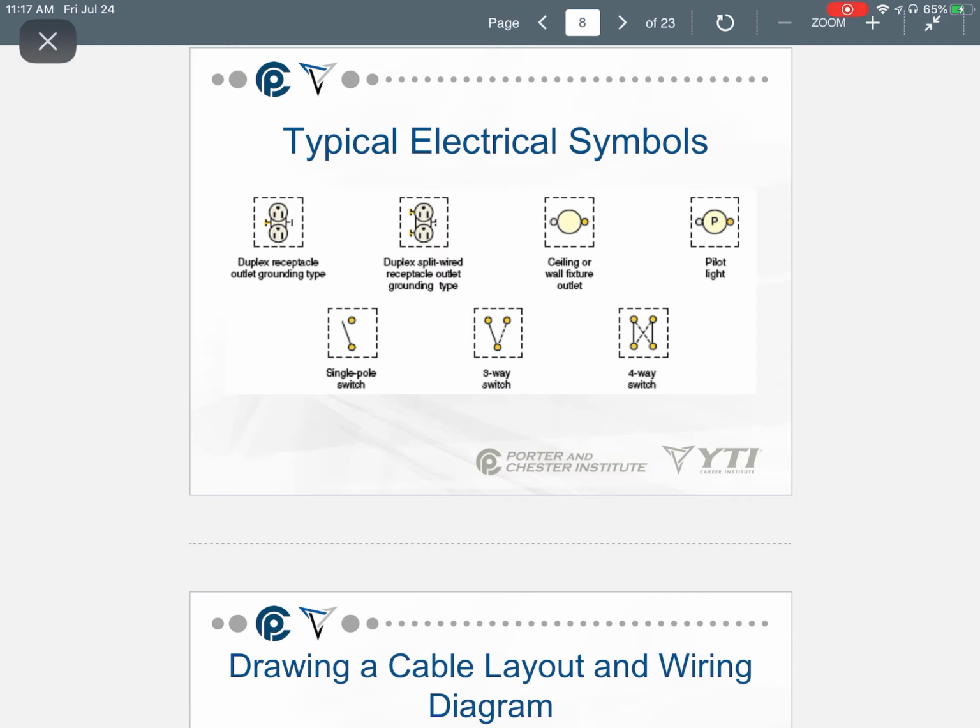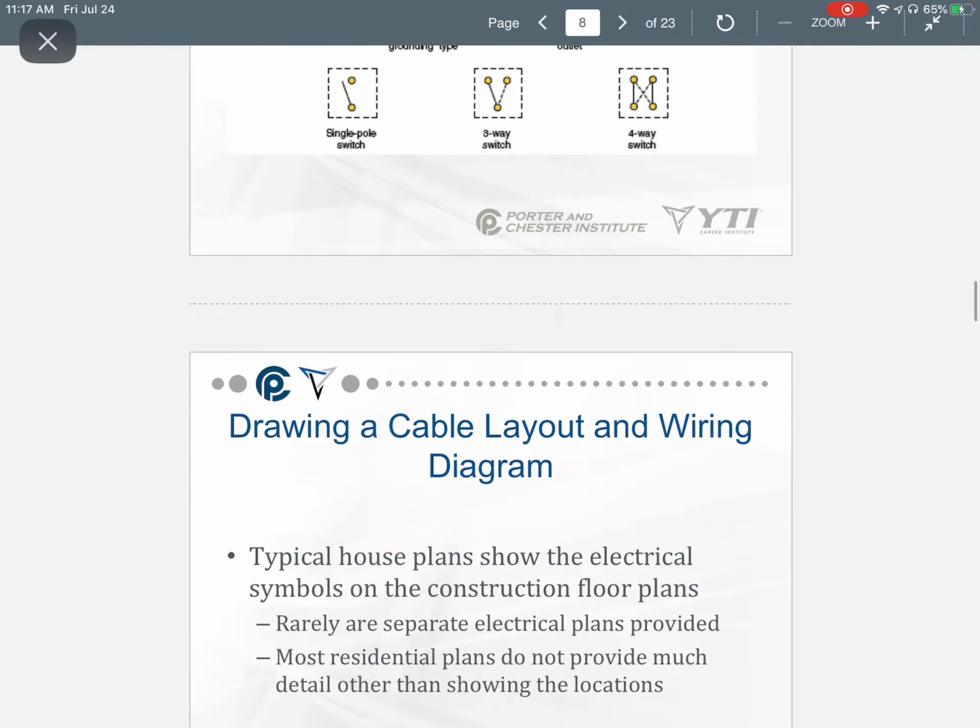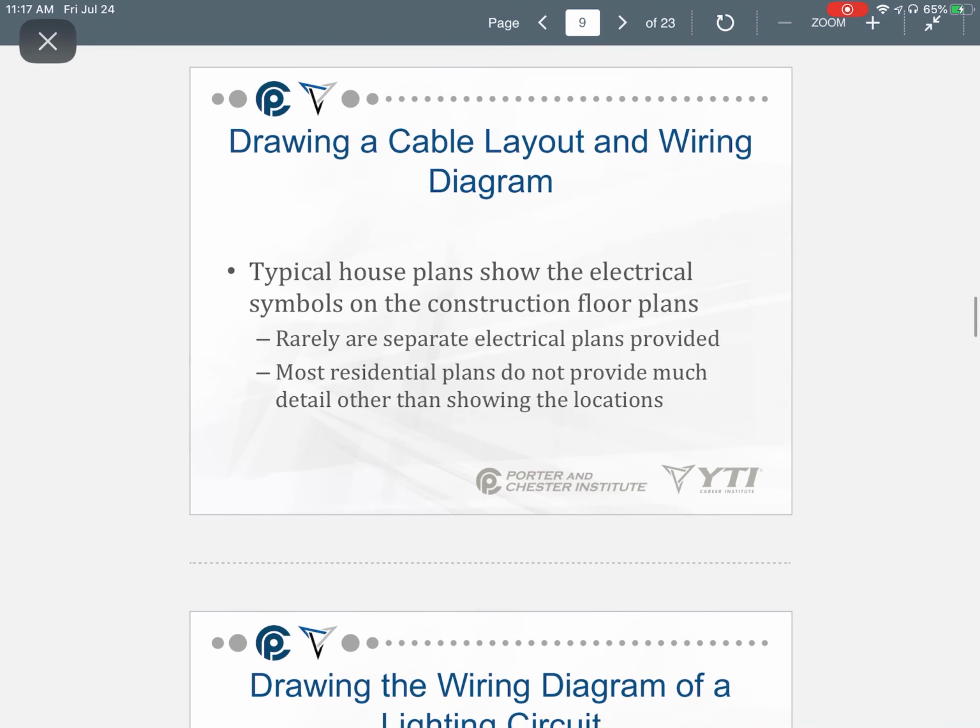And then, of course, last but not least, the four-way switch. Four-way switch is used in a situation where you're controlling lighting from more than two locations. And basically, you have travelers coming in, travelers going out. And it toggles between the sets of travelers. We'll get into that more extensively when we start talking about four-way switching.